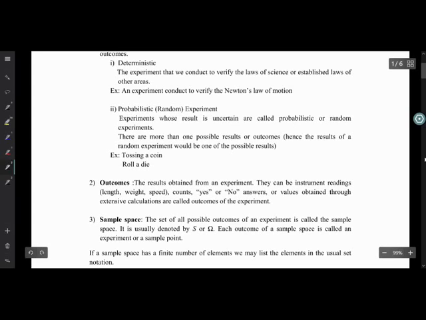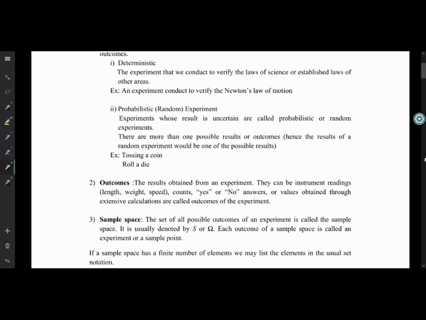The results obtained from an experiment are called outcomes. They can be instrumental readings, or they can be counts, or they can be values obtained through extensive calculations. For example, if we measure the weight of an object, the time it traveled and the distance, we can measure the weight, the distance, and the time using relevant instruments, and then we can calculate the speed and the acceleration.